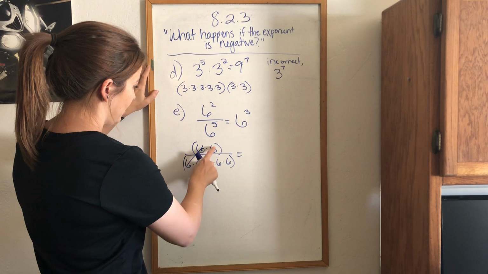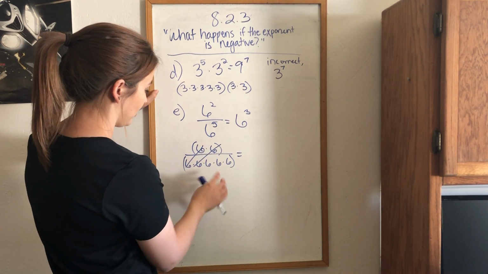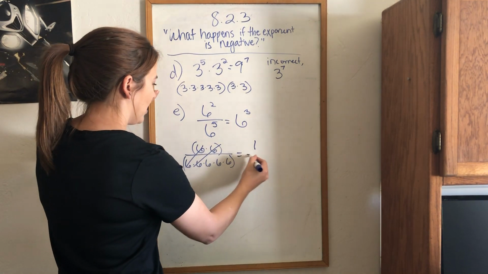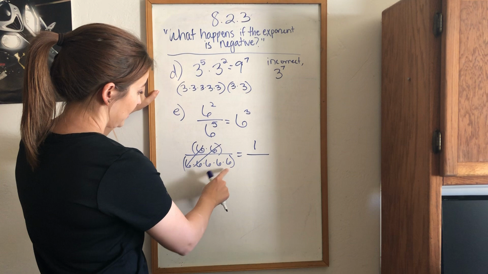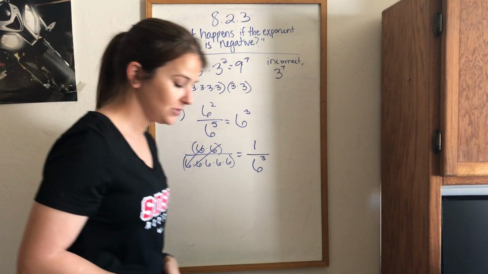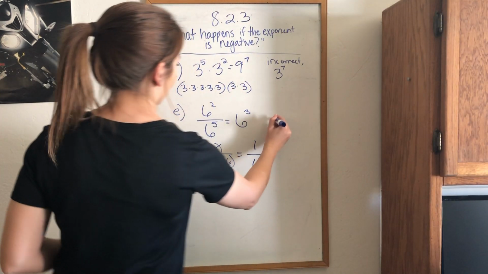Cross that out. 6 divided by 6 gives me another 1. Cross that out. So I'm left with, and I can't do anything else because there's nothing left on top, that just means 1. 1 over 6 3 times, so 6 to the third. So that one's incorrect. It should be 1 over 6 to the third, not 6 to the third. Okay. Incorrect.